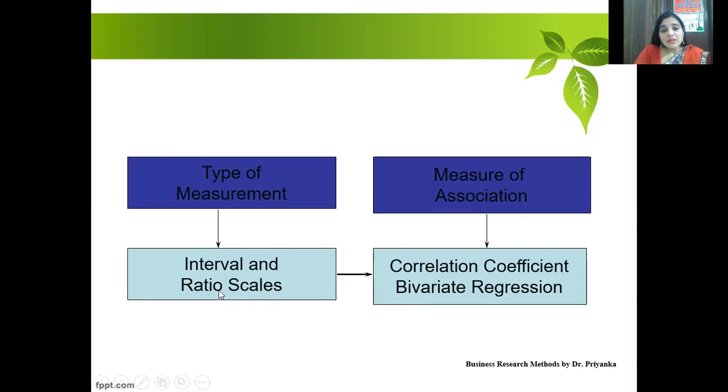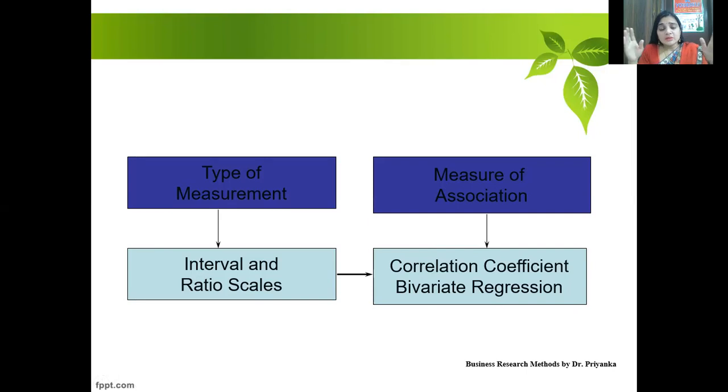But when you have interval or ratio scale data, for example, the actual data, for example, profit of the company, advertisement expenditure of the company, like that. These are all actual data, right? Or maybe a scale having regular intervals, for example, a Likert scale on the basis of a 5-point scale, and they have exact differences among each other: 3 means neutral, 4 means agree, 5 means strongly agree, and the same way 2 means disagree, then 1 means strongly disagree, right?